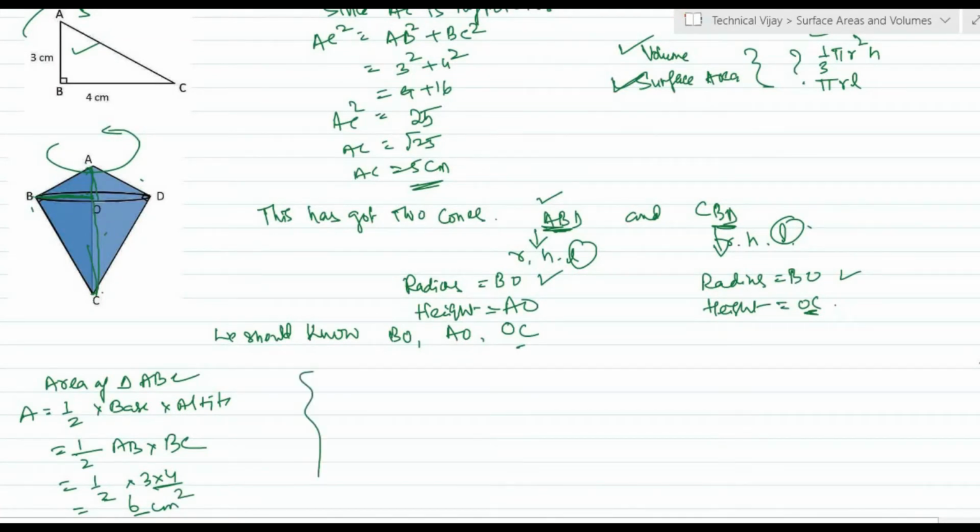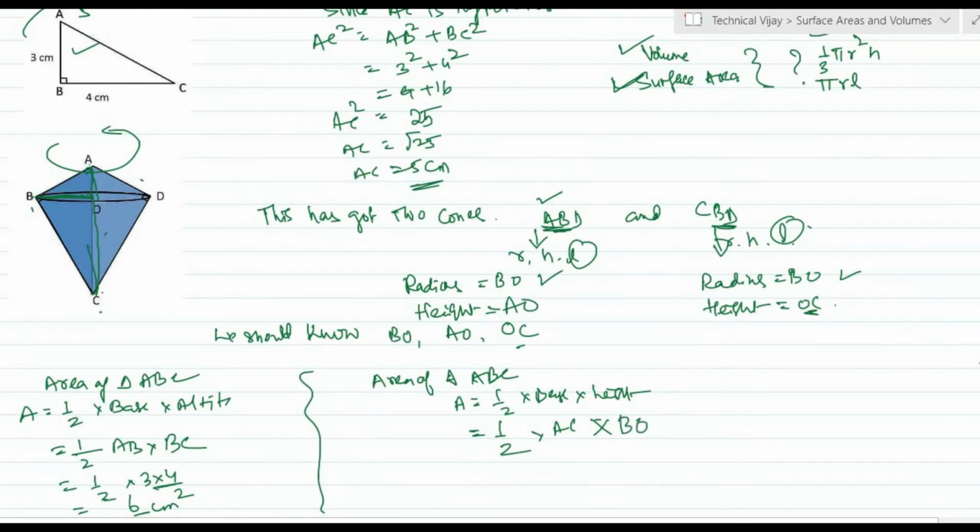In the same way, we can calculate the area of triangle ABC as half base into height. Here the base is AC, from A to C. If you consider this AC as the base, then the altitude for this is BO.